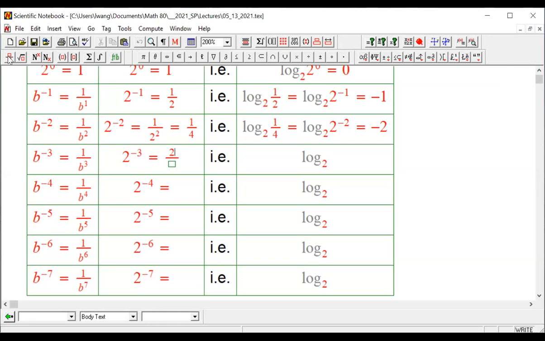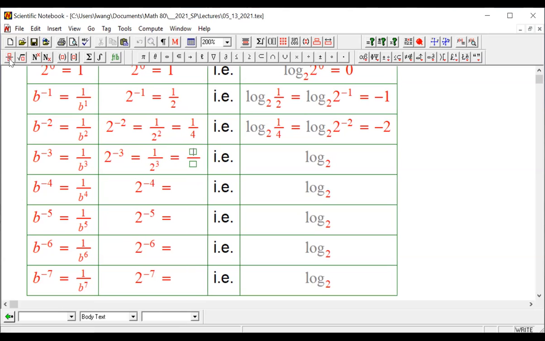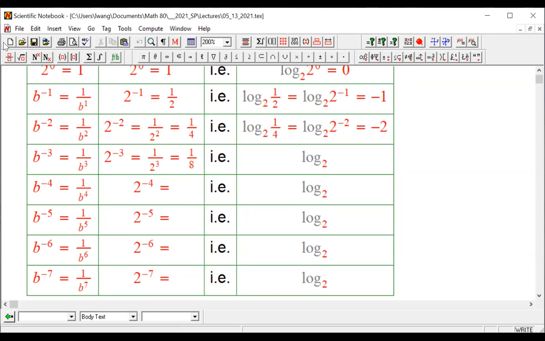It is 1 over 2 to the power of 3. 2 to the power 3 is 8. Therefore, 1 over 2 to the power 3 is 1 over 8. So we got 2 to the power negative 3 is 1 over 8.